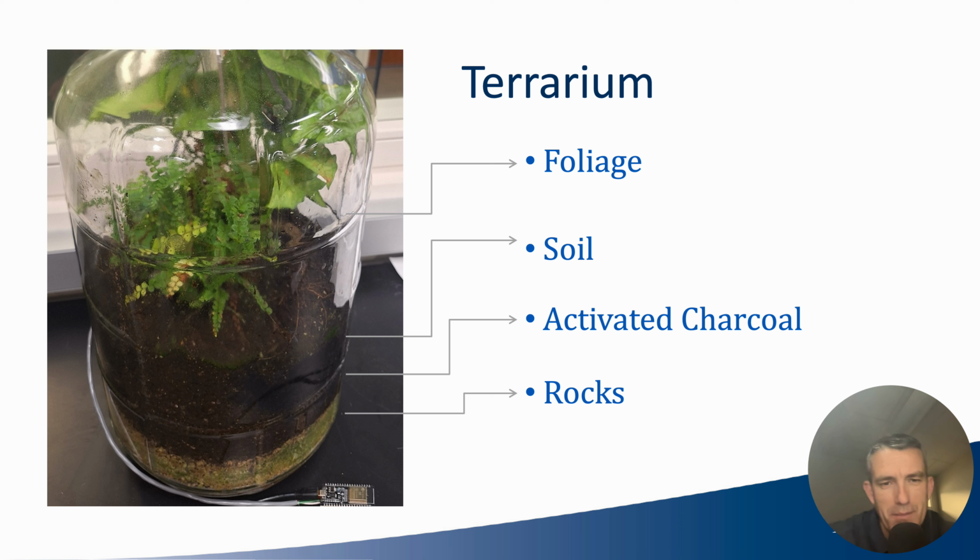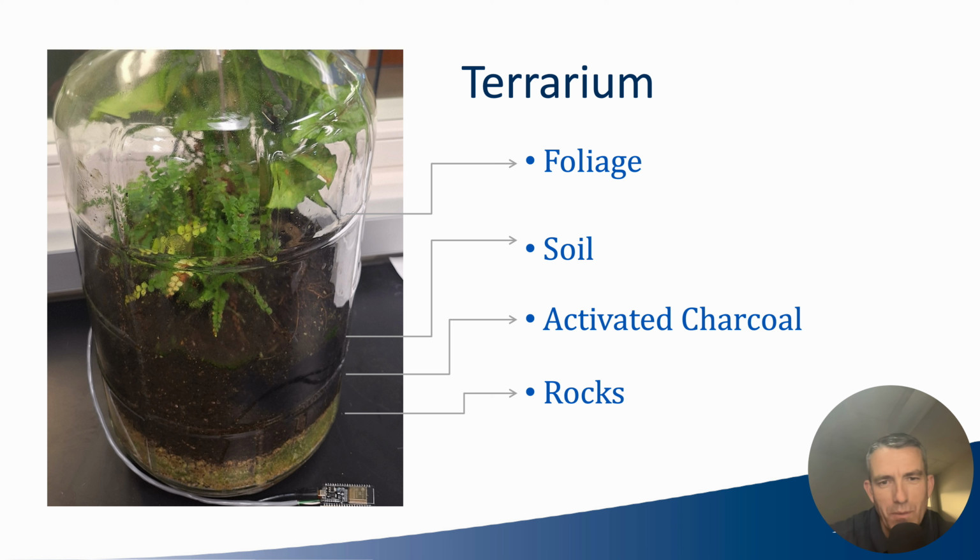A terrarium is great. This one is about 7 gallons, so think of about a basketball size width, and it's a little taller than that. And you have your foliage, of course, your plants. In this case, we stuffed them through this little hole at the top, you'll see here in just a minute.